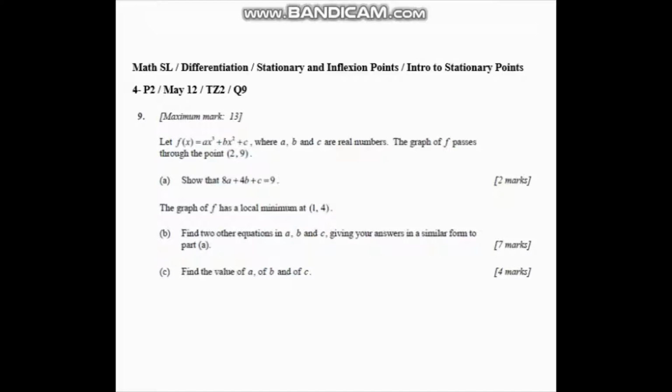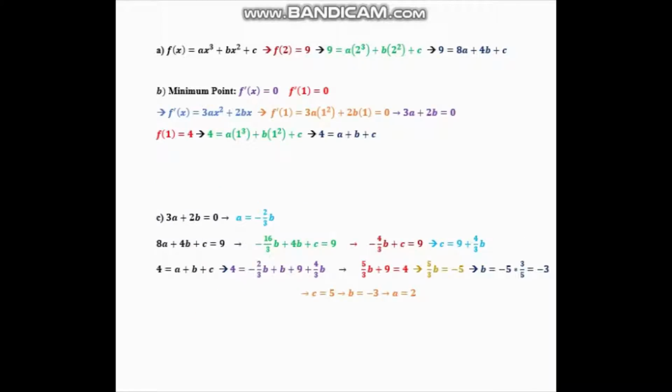I am asked to find the value of a, b, and c, so I'm asked to solve the equations together. This equation right there, as well as the two equations that were obtained in B. So we have three equations written in black right there, and we need to solve them. There are three unknowns that we need to find out.